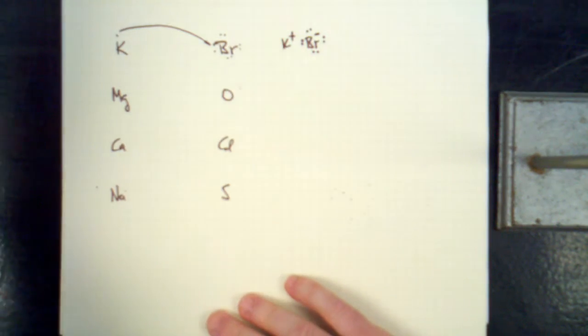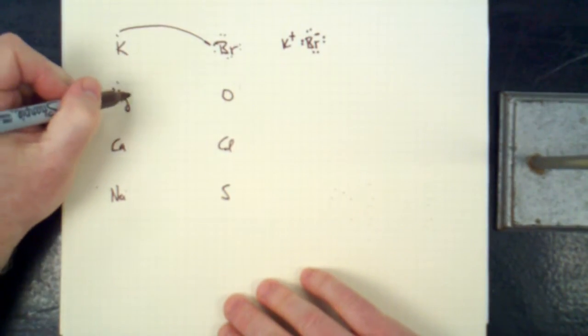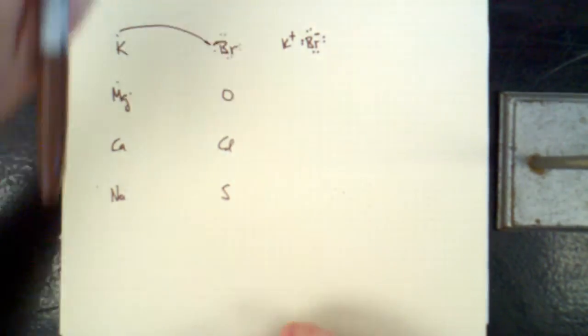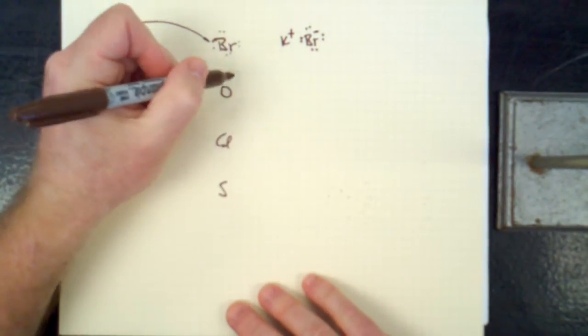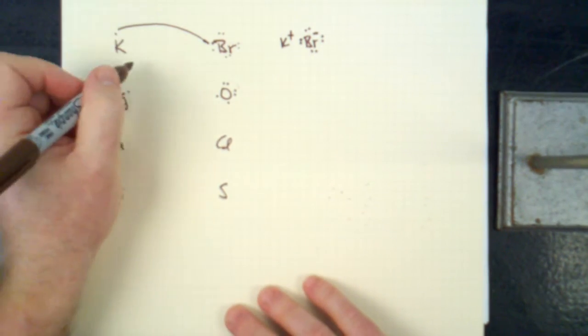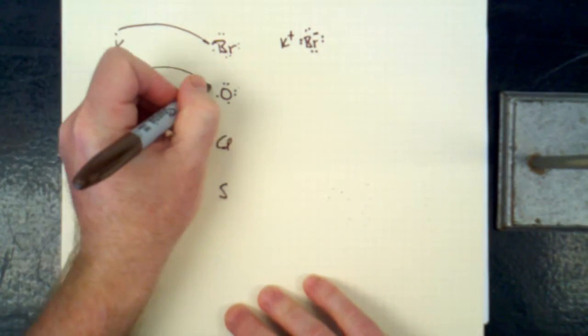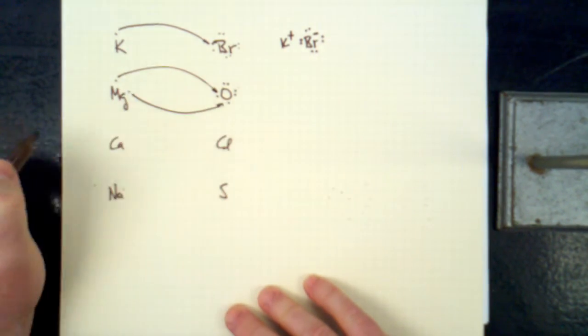Let's take a look at magnesium. Magnesium has 2. Oxygen has 6. So what happens is the oxygen takes this electron, puts it here, takes this electron, and puts it in here.